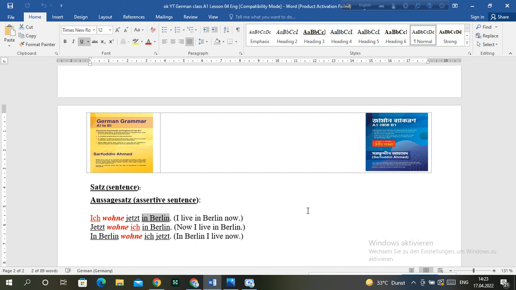And we can start an assertive sentence with any of these parts, but right after that we have to use the verb.